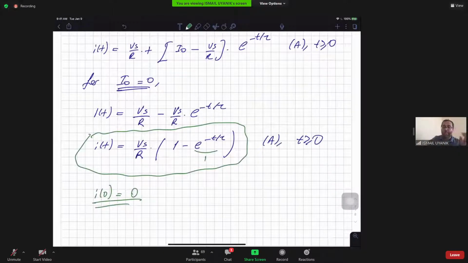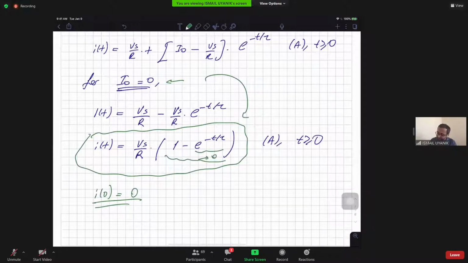We know that the initial current was 0 because we assumed it before doing this derivation. But what happens as t goes to infinity? As t goes to infinity, this exponential will go to 0, so this factor will be 1.